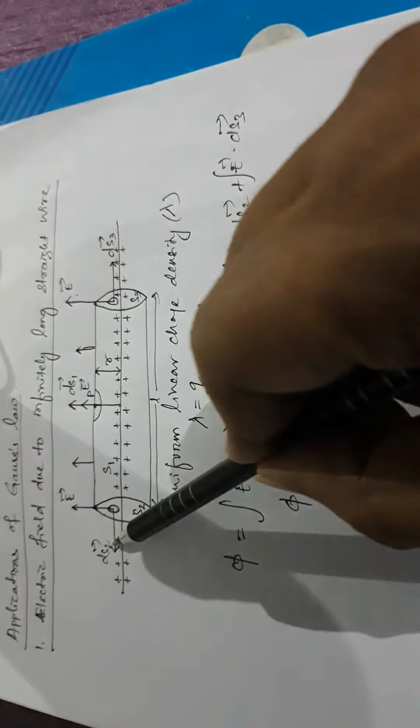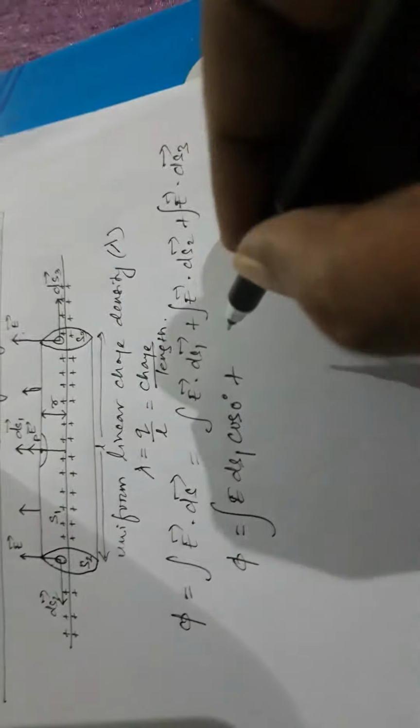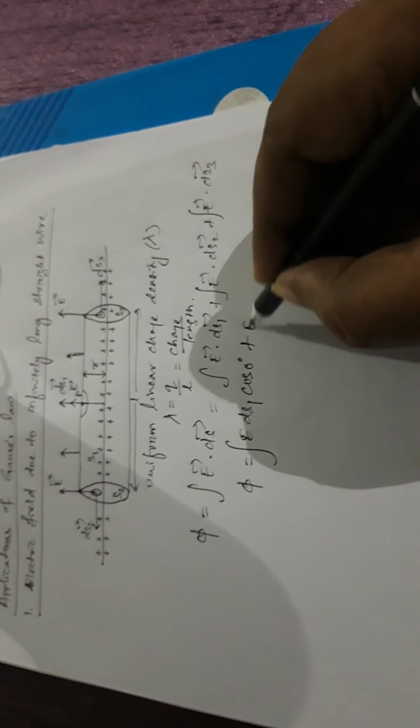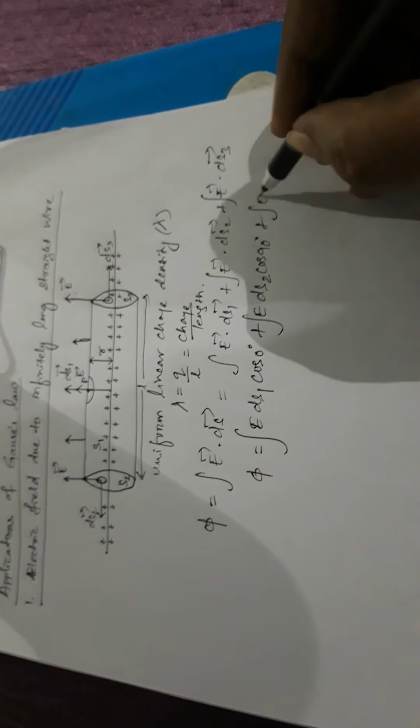Similarly, E vector and ds2 vector are also perpendicular to each other. So we will write E ds2 cos 90 integration, and here also E ds3 cos 90 degree.